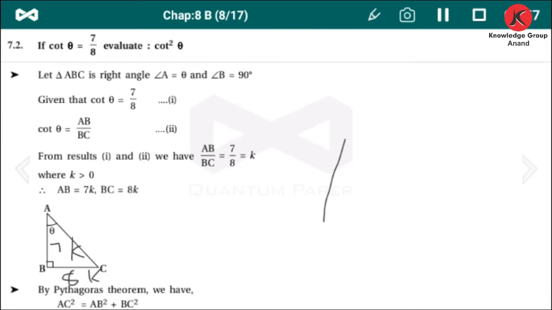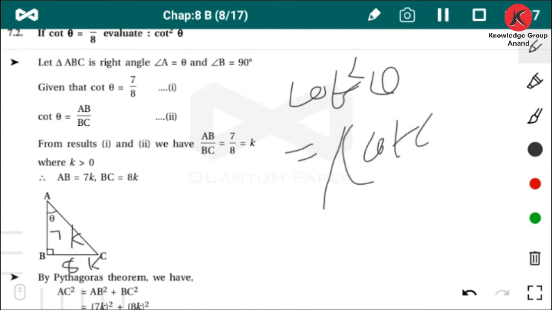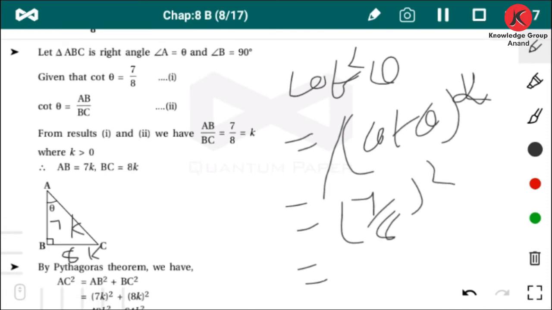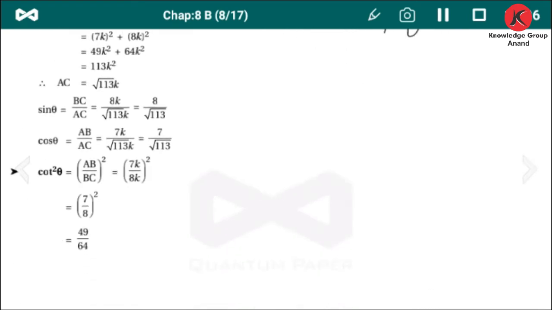We know that cot square theta is equal to cot theta square. What is the value of cot theta? 7 by 8 whole square is equal to 49 by 64, which is our final answer.